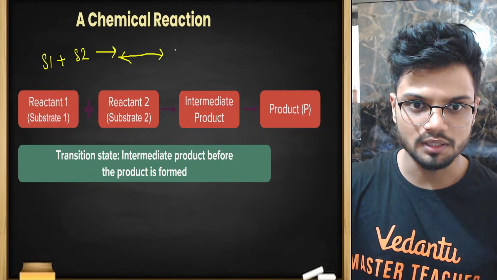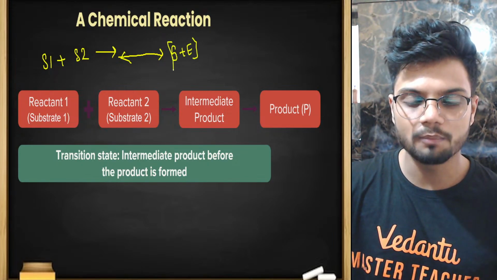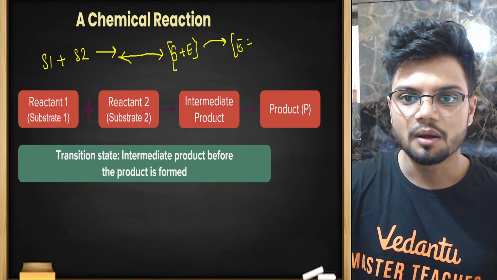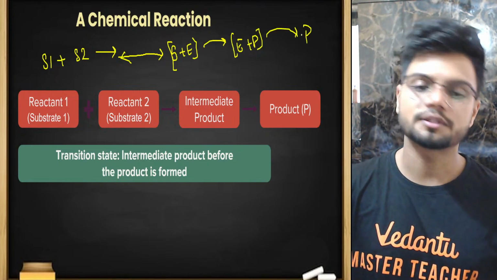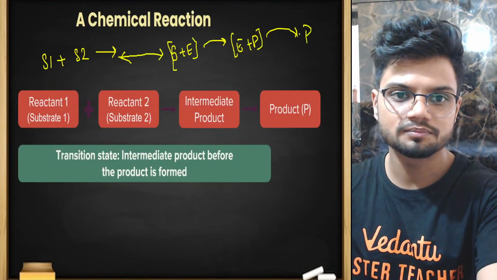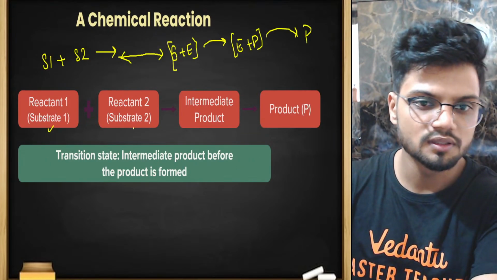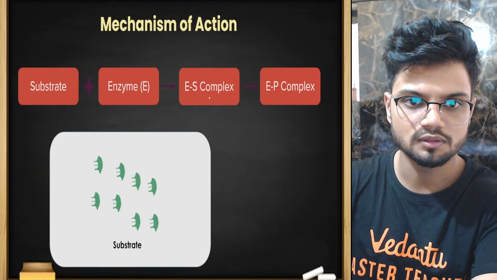Intermediate product is nothing but the substrate plus enzyme complex. Then we get the enzyme product complex. Then we get the product. So what is happening here is first we get the substrate plus substrate intermediate product. See here.